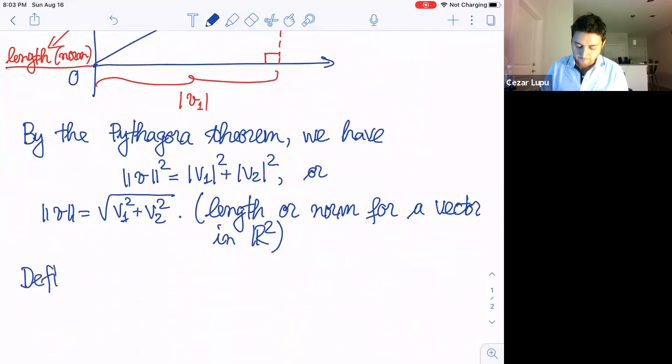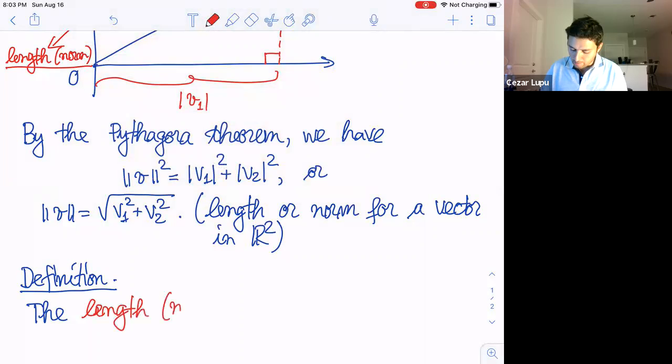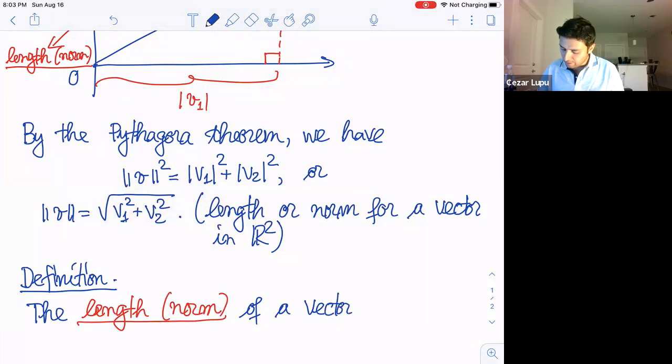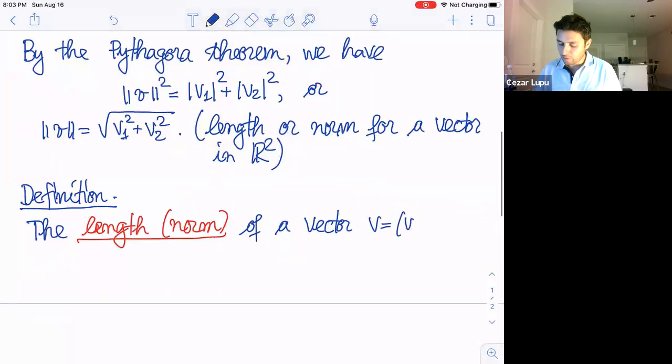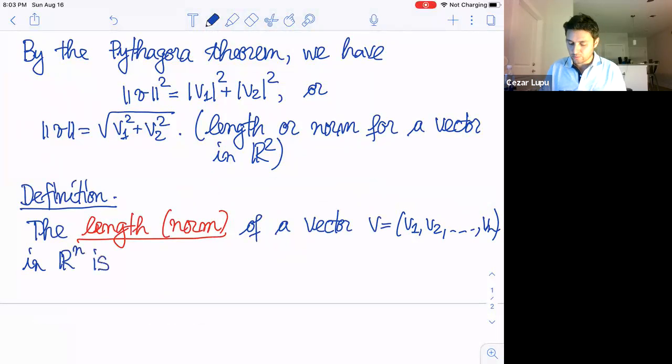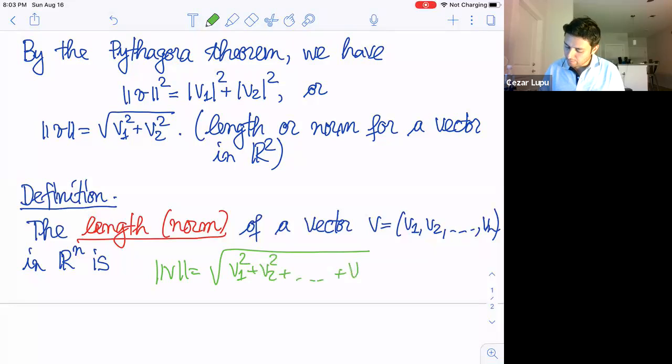So, definition: the length or norm of a vector v, let's say with coordinates v1, v2, up to vn, in Rn is the square root of v1 squared plus v2 squared plus up to vn squared.